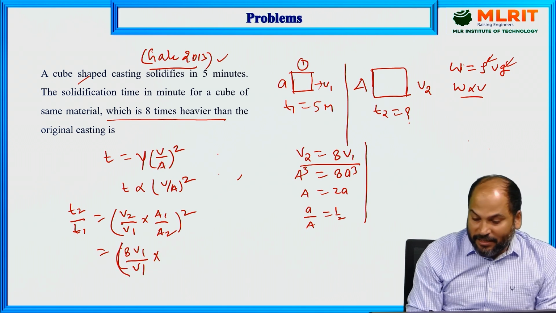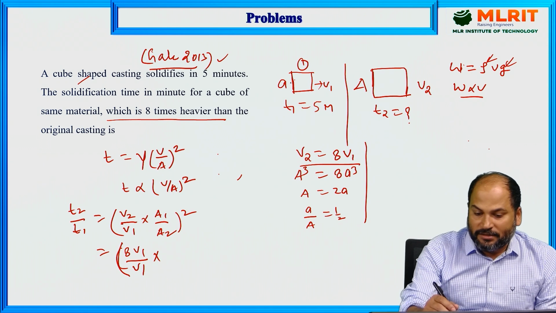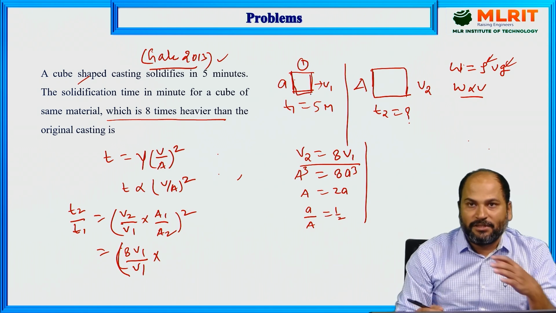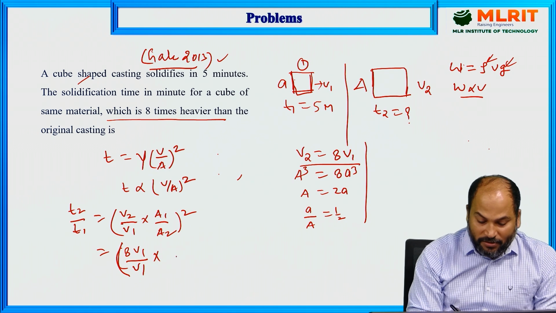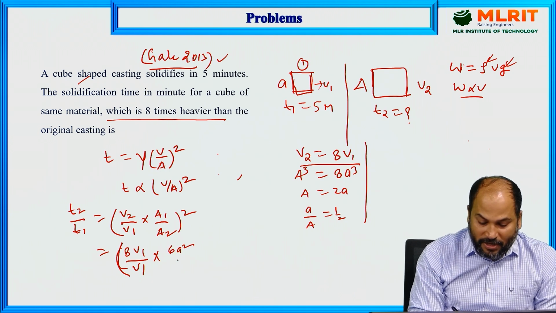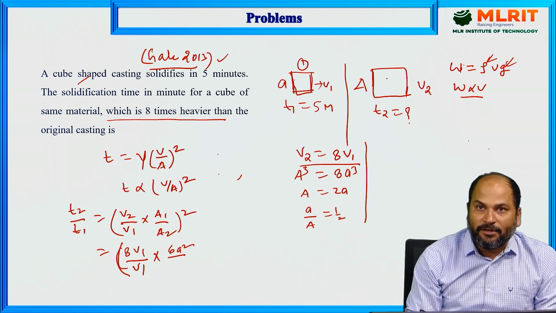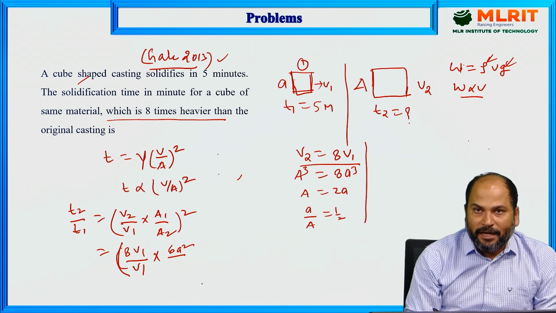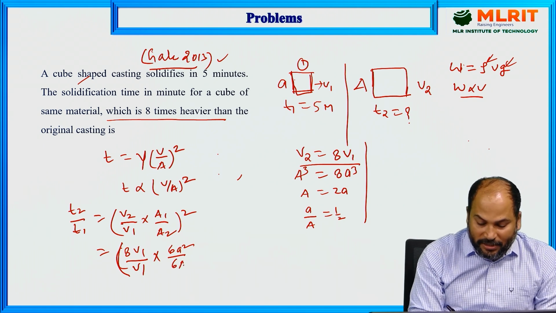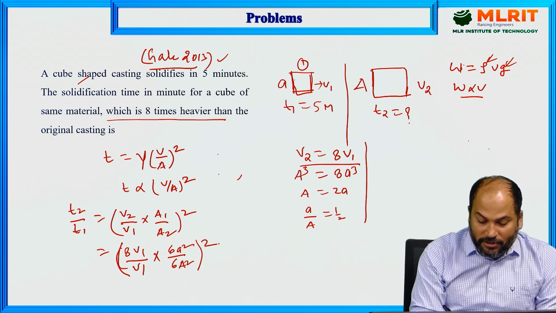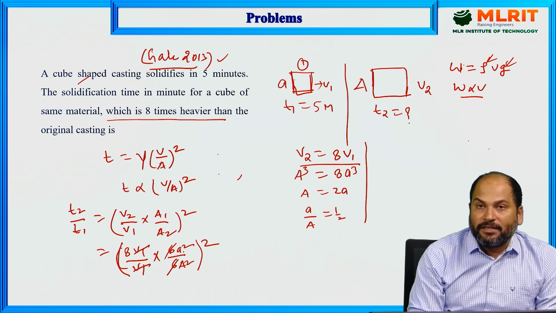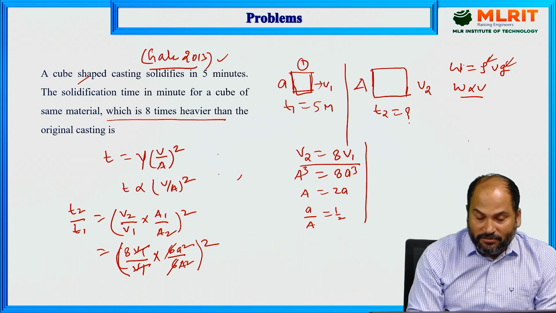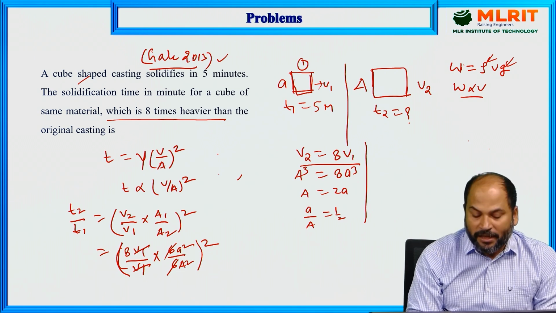into A1 upon A2, where this is actually a cube which has 6 square faces. So the area will be 6a square, and similarly this also has 6 faces, but here the side length is capital A, so it is 6 capital A square, and whole square. V1 and V1 cancel out, and 6 and 6 cancel out, and the ratio small a square upon capital A square we can write as (small a upon capital A) whole square.